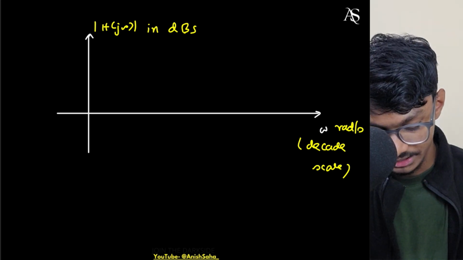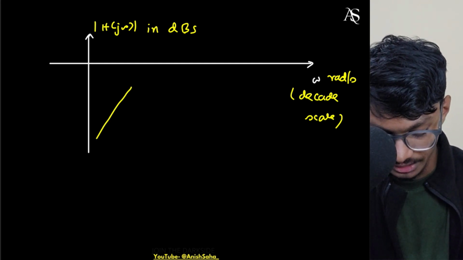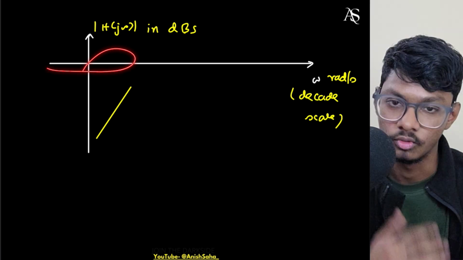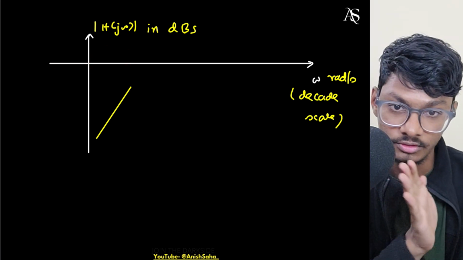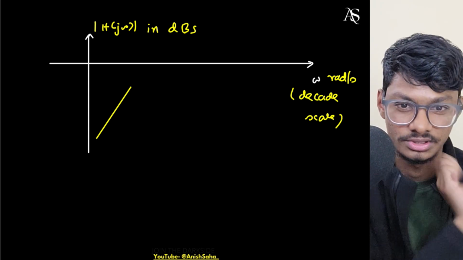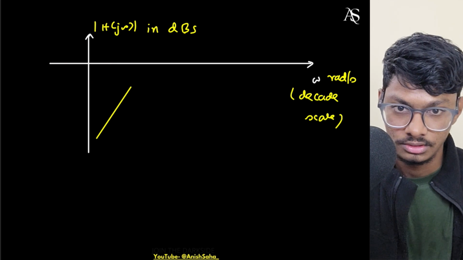So what is actually happening here is my initial slope is plus 20 per decade, but if I put here s equals to 0, what will happen? Obviously in Bode plots we don't plot for the frequency s equal to 0, we just plot s equal to 0 plus something just more than 0, because log of 0 we don't plot.